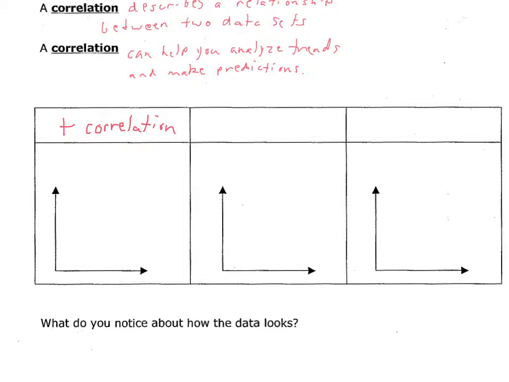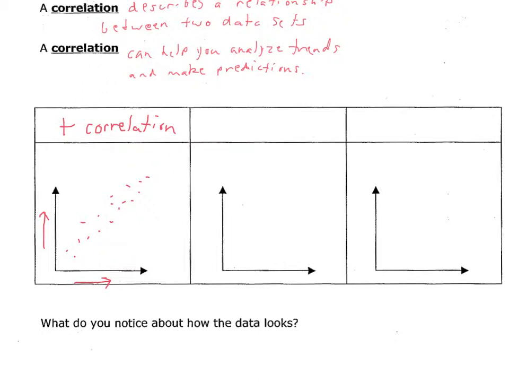If you were to draw a picture of it, you would have different points that have a general uptrend. When you have positive correlation, both sets of data are going up. You'll notice that your Y data is going up, your X data is going up. So positive correlation, general uptrend.